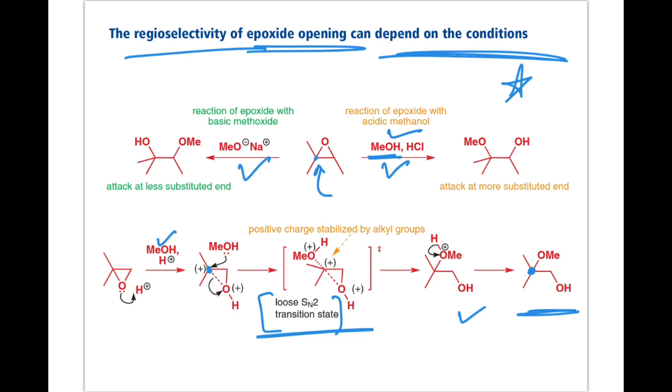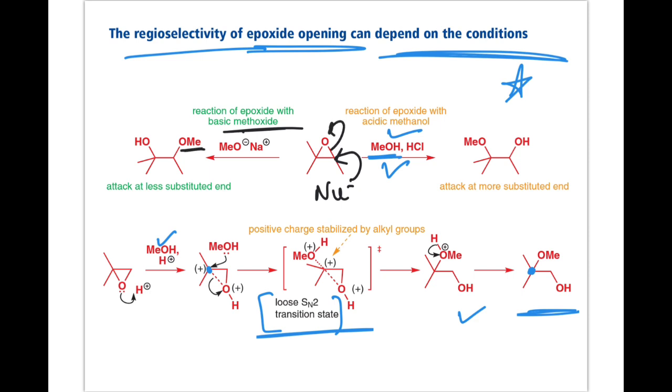But when we are taking the base, when we have taken the base over here, you see that the methanol has become a methoxide, and now it has become a more powerful nucleophile. So it does not have enough patience to check for the more substituted carbon to give the more stable product. No, it's just directly going to attack over the less hindered side and open up the bond.